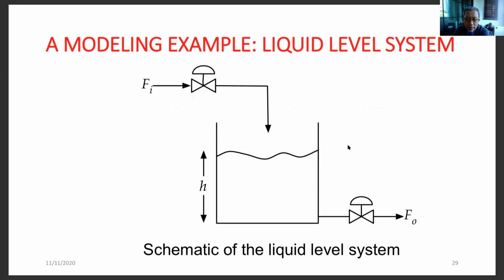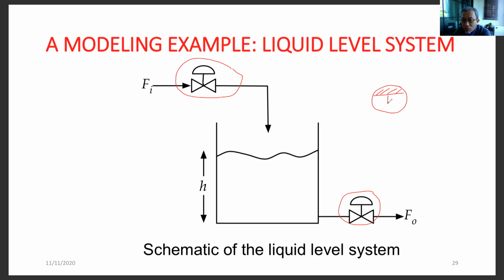So usually this is the simple one, a schematic of a liquid level system, where we have a single tank, and those who are in the industry are very familiar with this control valve. It is a valve that has a door. So the door can be controlled, and this is the flow.